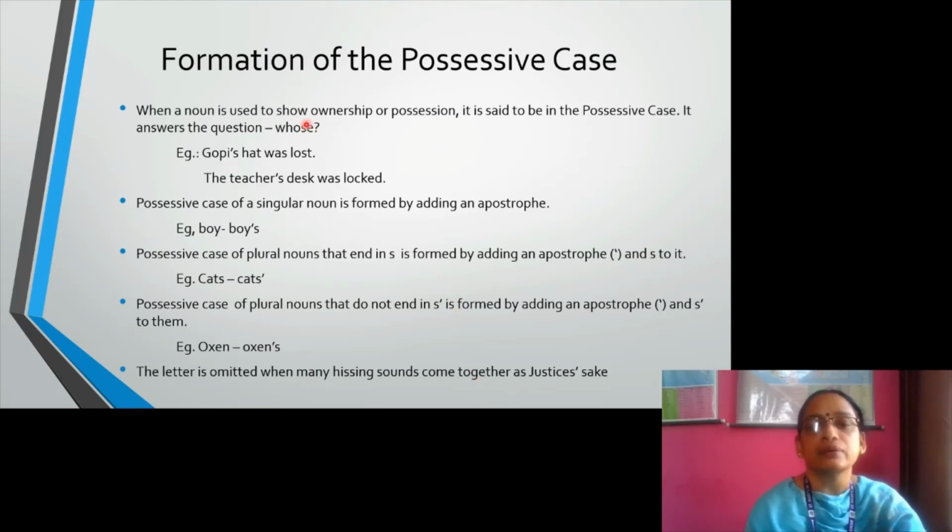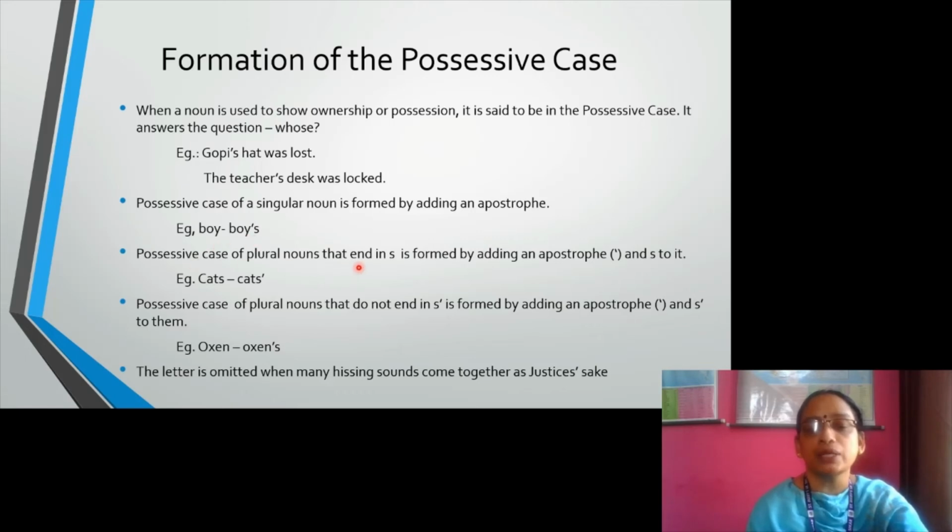Once again, a noun is used to show ownership or possession. Here, Gobi's hat was lost. Whose hat? Gobi's hat. The teacher's desk was locked. Whose desk was locked? The teacher's. Possessive case of a singular noun: boy, only one, by adding an apostrophe and s.